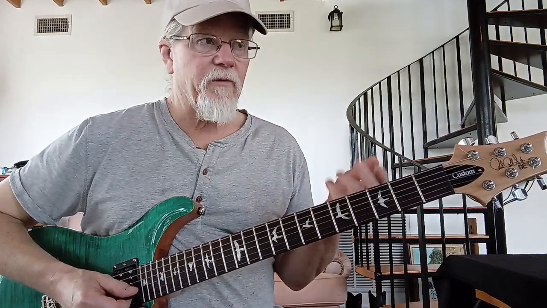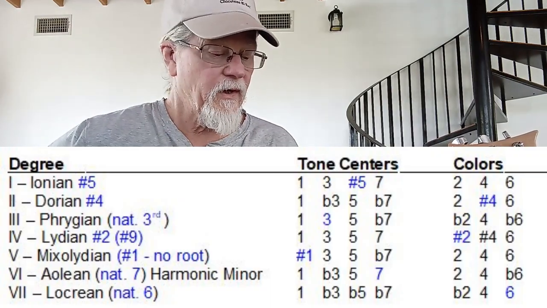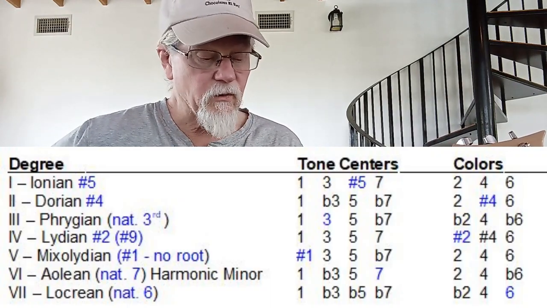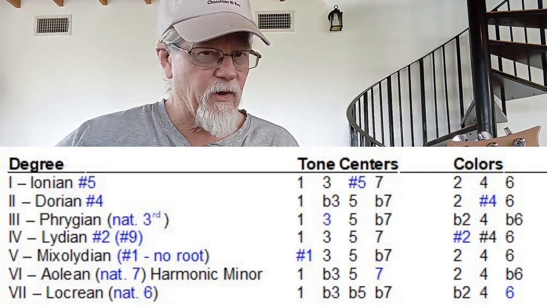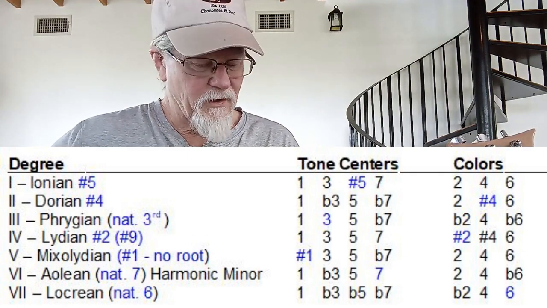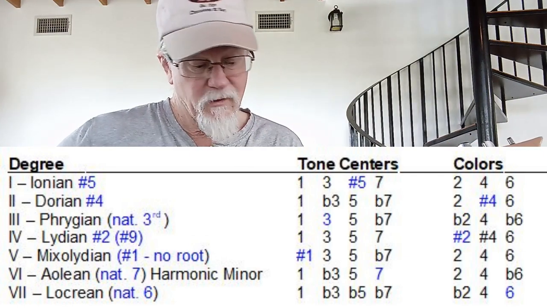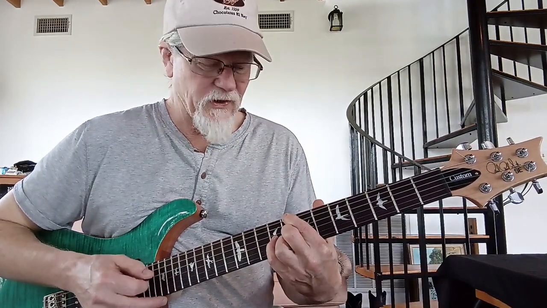And so if you go through all of them, you have Ionian sharp 5, Dorian sharp 4, Phrygian natural 3rd. You have a Lydian with a sharp 9, which is kind of a unique thing, a major with a sharp 9, which is a flat 3 as well. You have another weird situation because the 5 chord, the Mixolydian, ends up with a raised root.